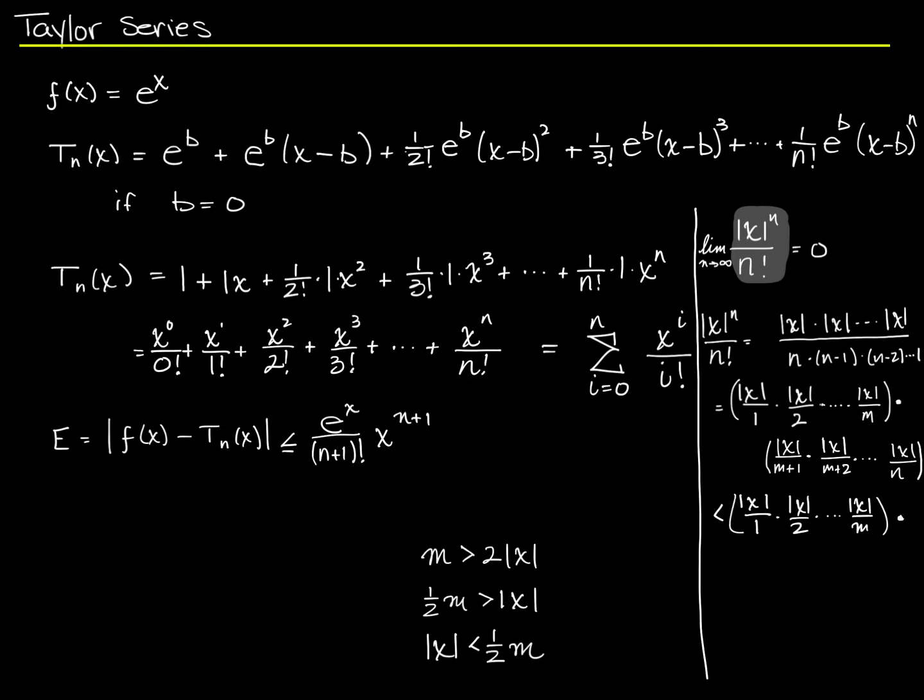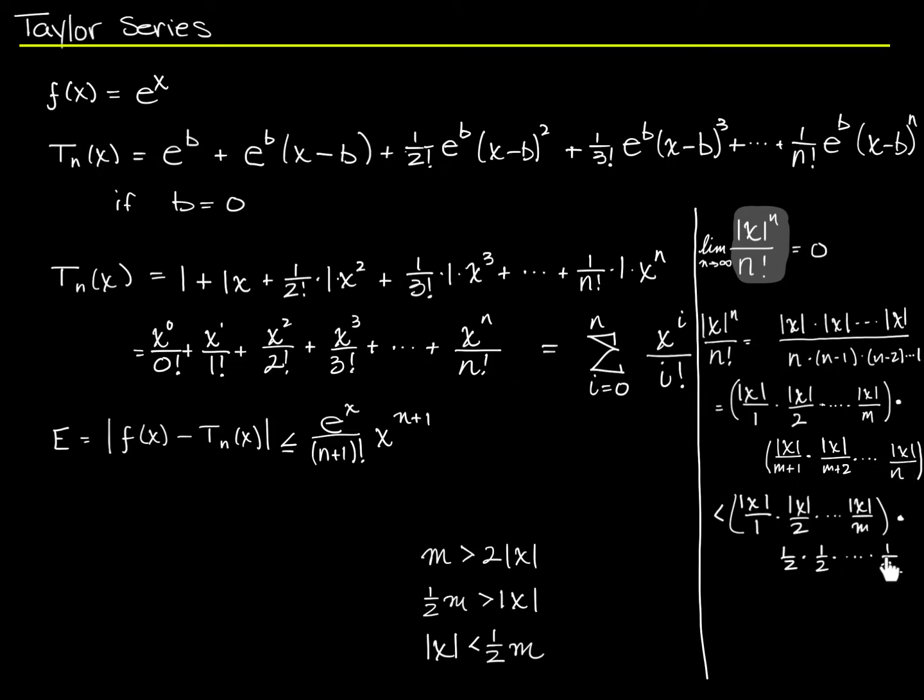times 1/2 times 1/2 up to n minus m times, right? This is everything in this list. There's n things in this list. All of these and all of these together, there are n of them. If we take the first m of them, then what's left is n minus m terms, or factors rather.